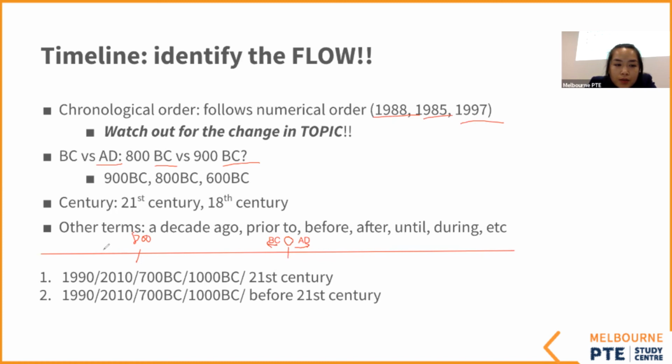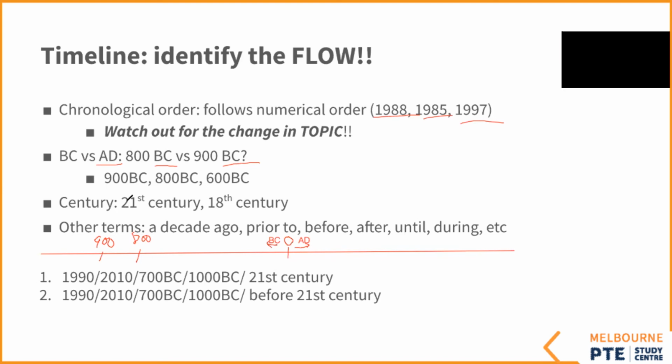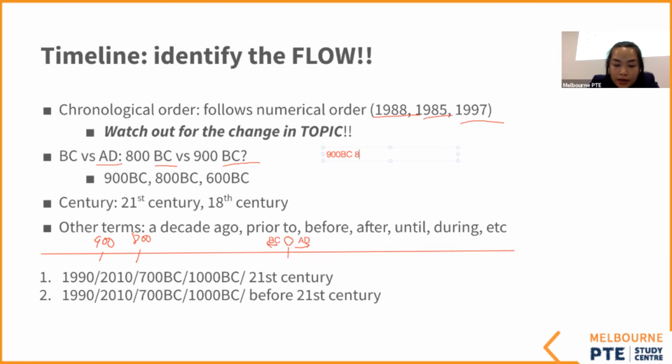And 900 BC will be here. So in that case, which one come first? Is it 900 BC come first or 800 BC come first? 900 comes first. That's right. So the order will be 900 BC first and then 800 BC later.